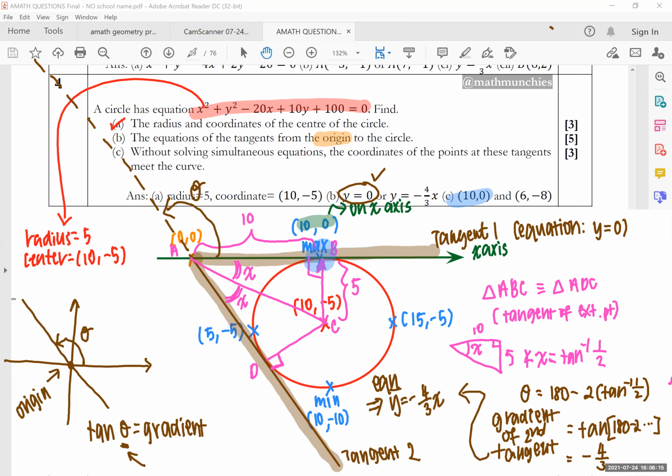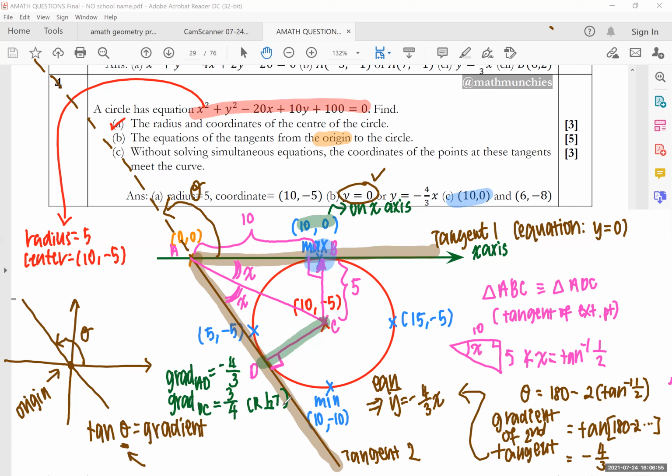So you say that the radius of DC. Okay. Why? Because we already have the gradient of AD, right? We know the gradient of AD from the equation is minus 4/3. Therefore, the gradient of DC will be how much? 3/4, because the radius is perpendicular to the tangent, right?